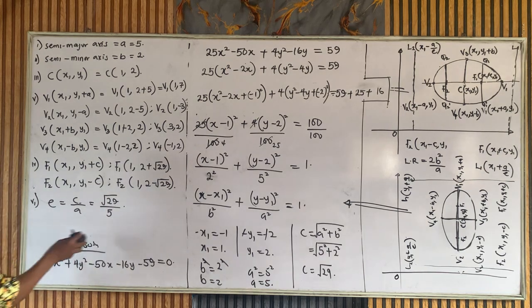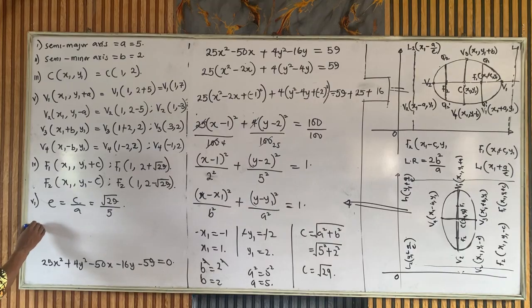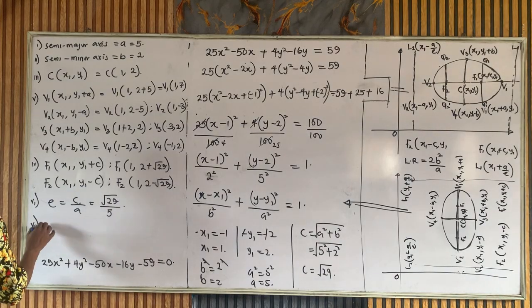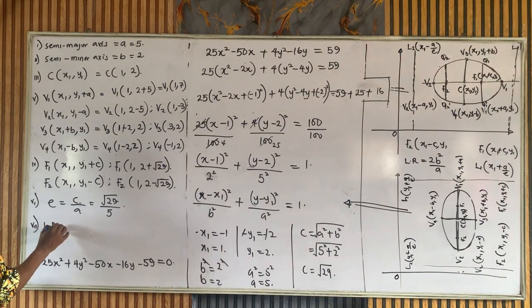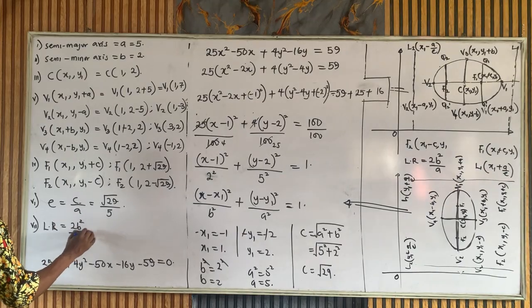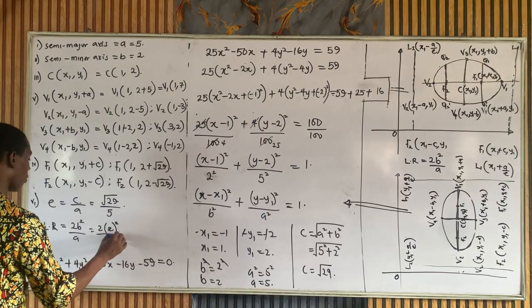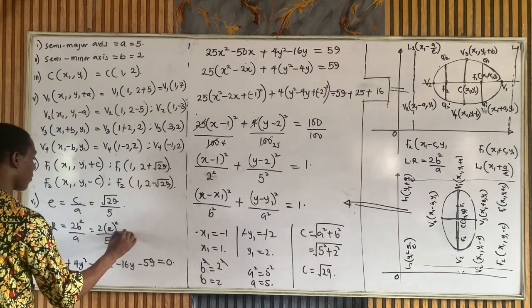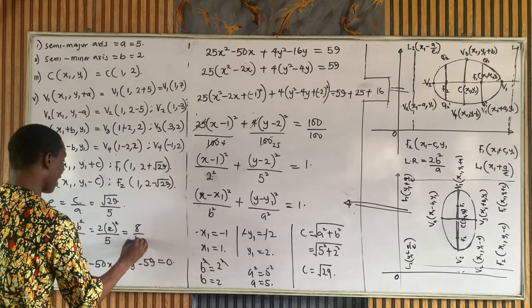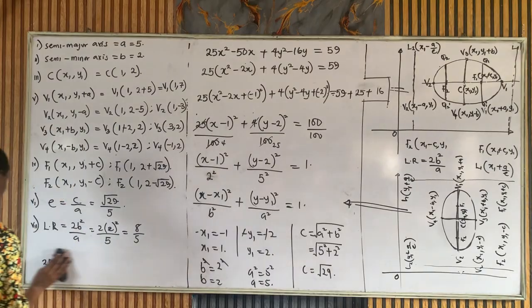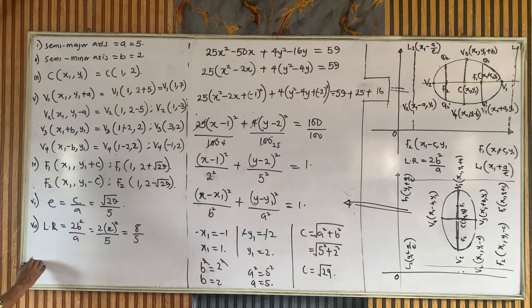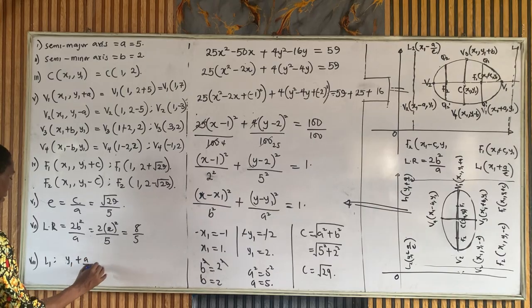And so, next, let's get our latus rectum. The length of the latus rectum is 2b squared over a. That's 2 times our b here, giving us 2 squared, over a. Our a is 5. And that will give us 8 over 5. And our equation of directrix, lastly. We have our L1, which in this case will be y1 plus a over e.